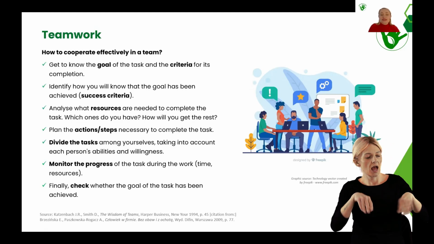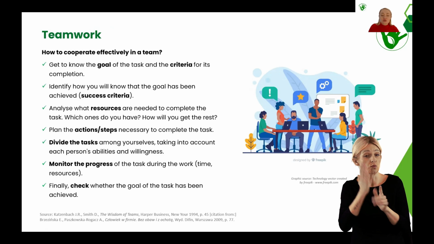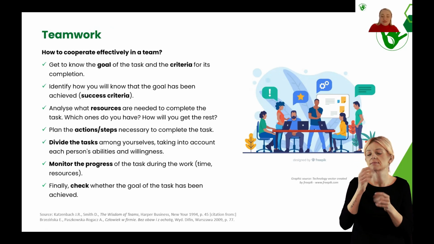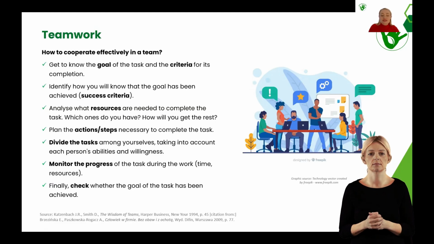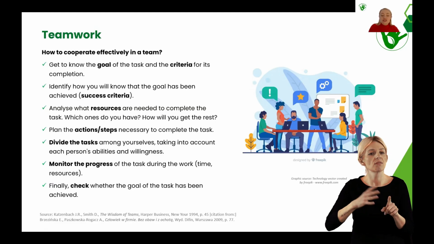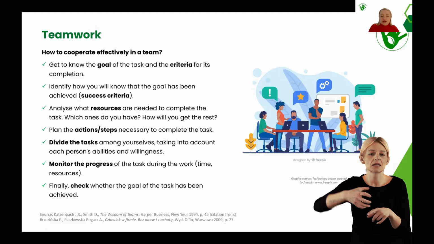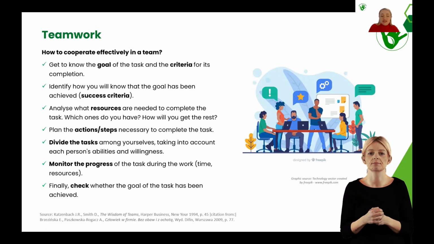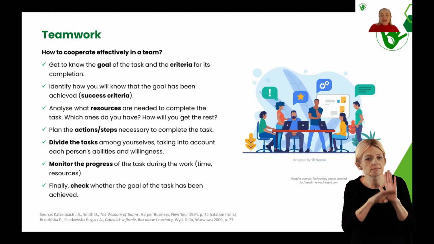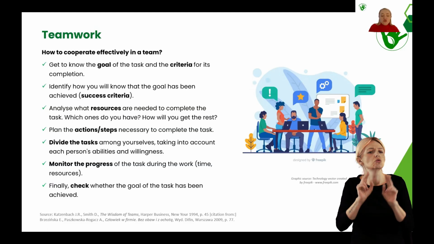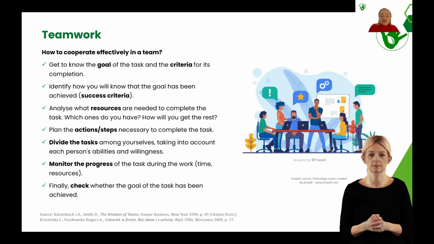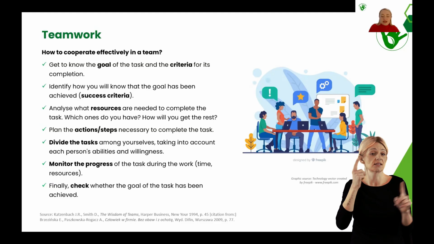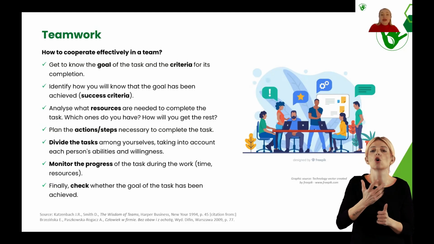Now that we know what a team is, let's discuss how to work effectively as a team. First, it is worth specifying what the team's goal is and what criteria for achieving it are. In other words, how will you know when your goal has been achieved? Once you know what the goal is as a team, it is worth considering what resources are needed to achieve it.